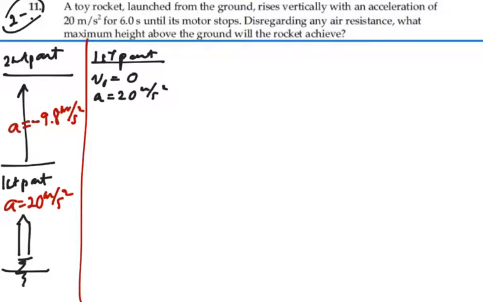And what else do we know? It goes for 6 seconds. It's called T1. And we want to find delta y1, and let's find our final velocity as well.